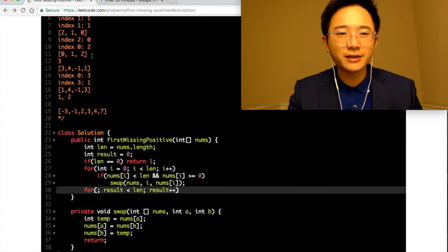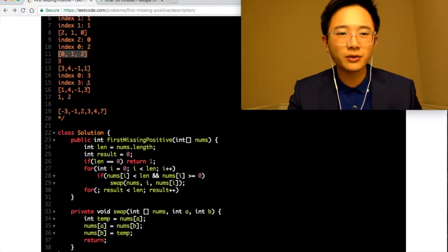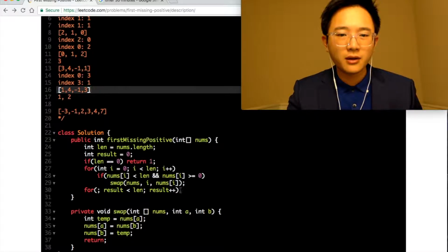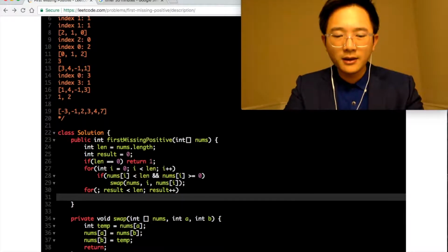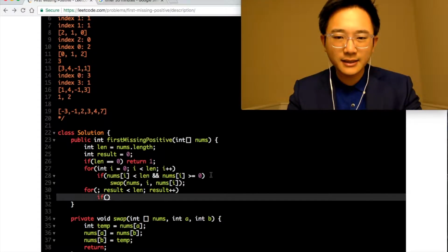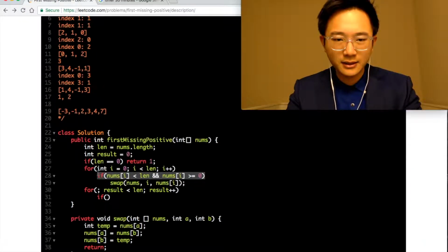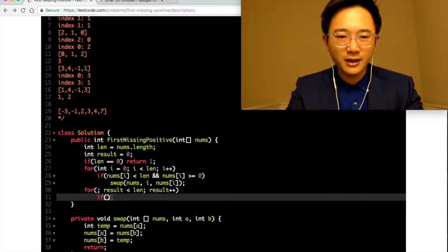Right now I'm looking at this 0, 1, 2, and 1, 4, -1, 3. So if results, first of all, we need to make sure that this is legit. This is a legit index.